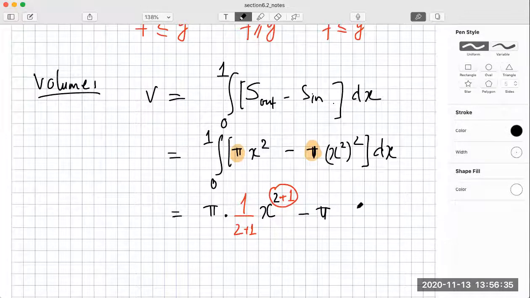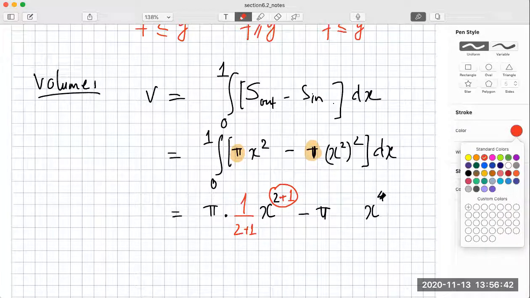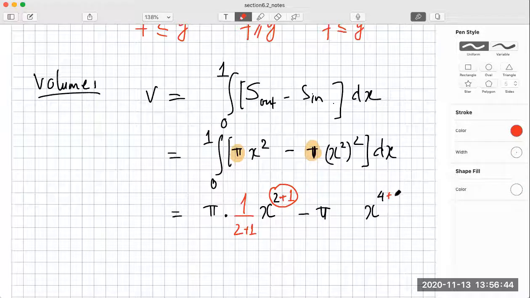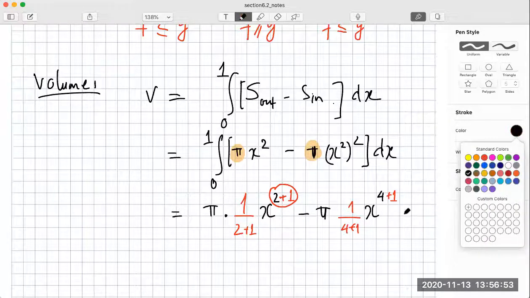So anyone help me here? Yes, very good. So let's see. This is a definite integral, so it returns a number.